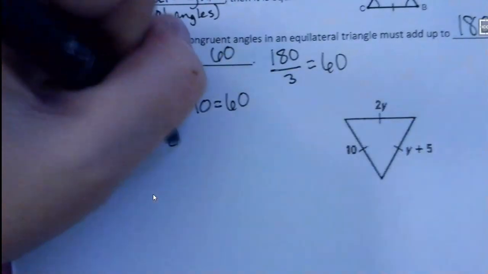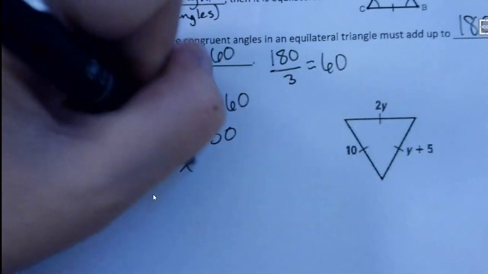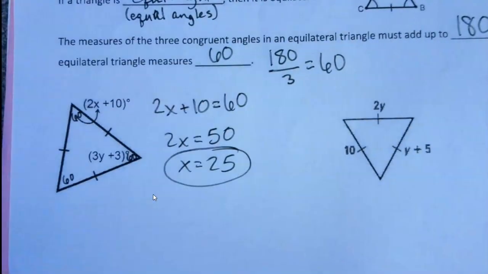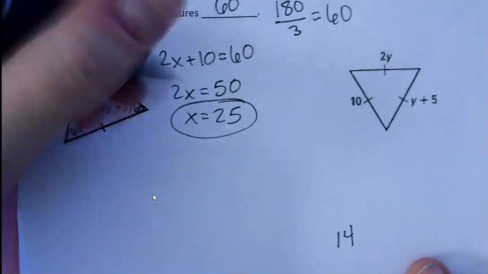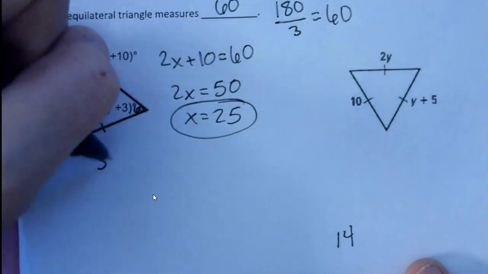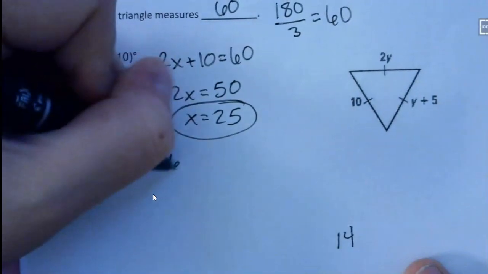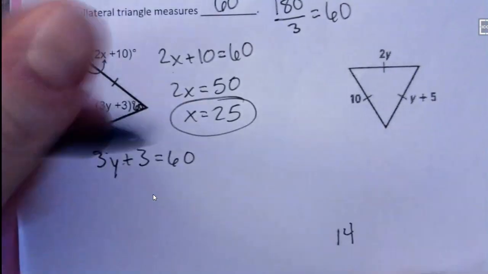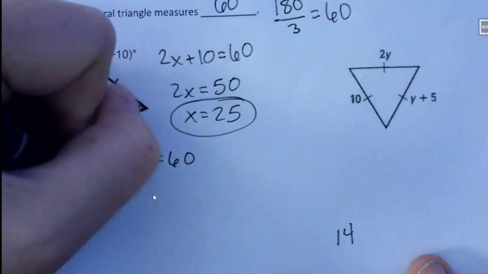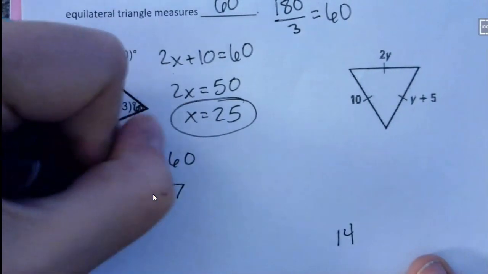So we're going to subtract 10 on both sides. And then we're going to set 3y plus 3 equal to 60. You're going to do this separately because we're not going to mix the x and y and have to do systems or anything. We know they're both equal to 60. 3y equals 57. Y is going to be 19.